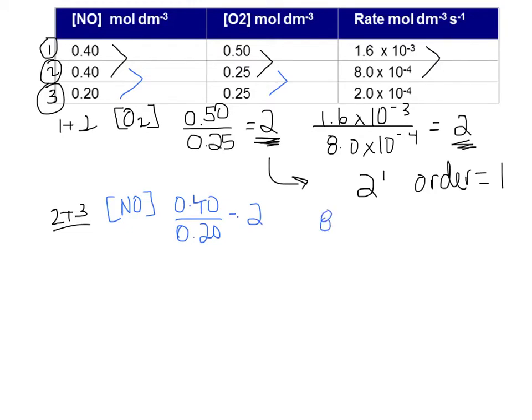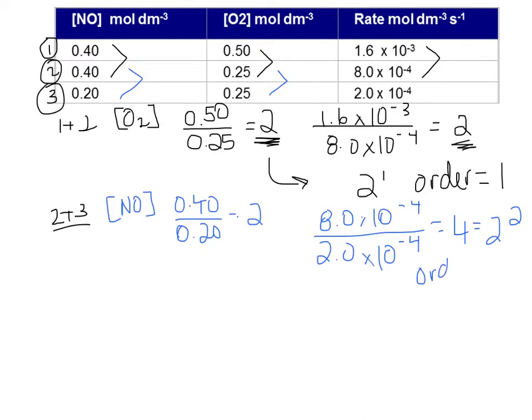And then if we look at what happens to the rate for those same 2 experiments, it goes up by a factor of 4, which is the same as saying 2 to the power of 2.